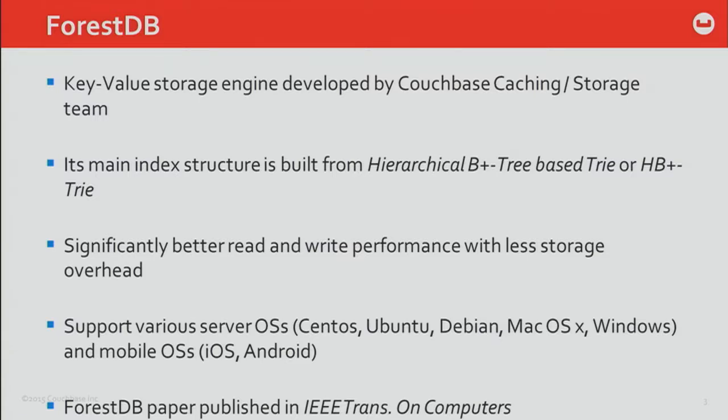To address those limitations, we developed ForestDB, whose index structure is built from a hierarchical B+tree-based trie, which we call HB+trie. Using this new index scheme, we are able to achieve much better read and write performance compared with the traditional B+tree-based storage engine.